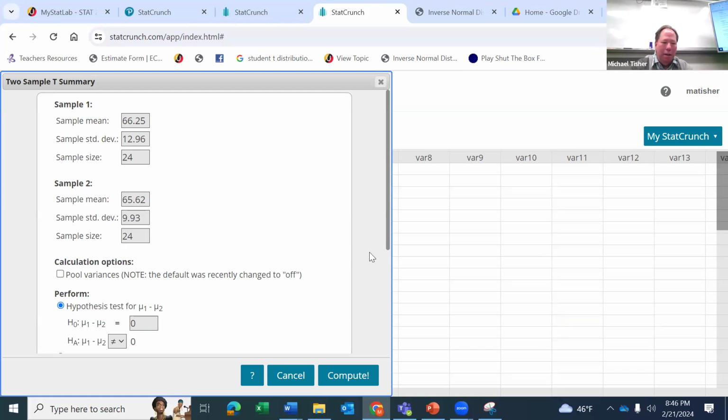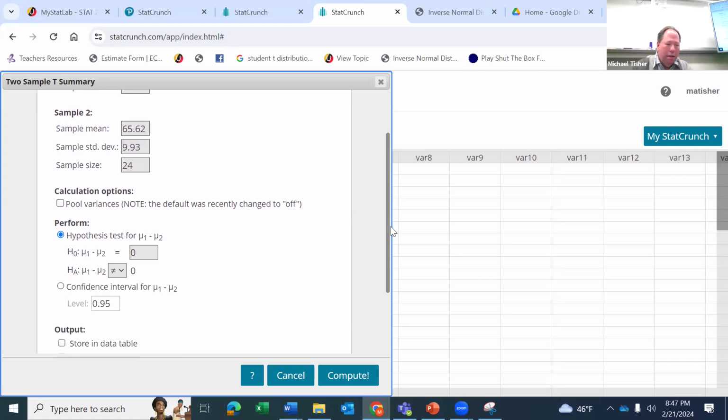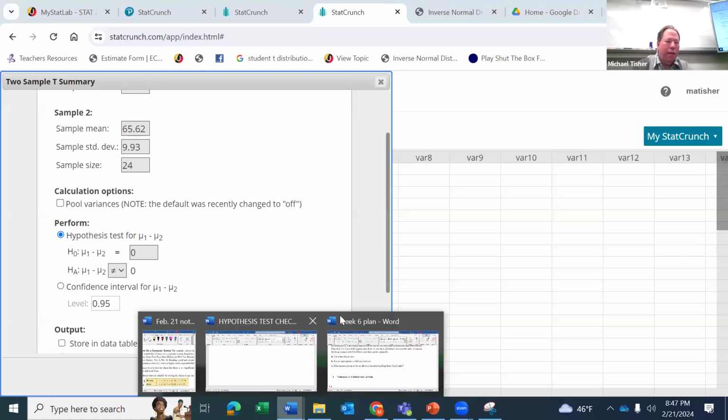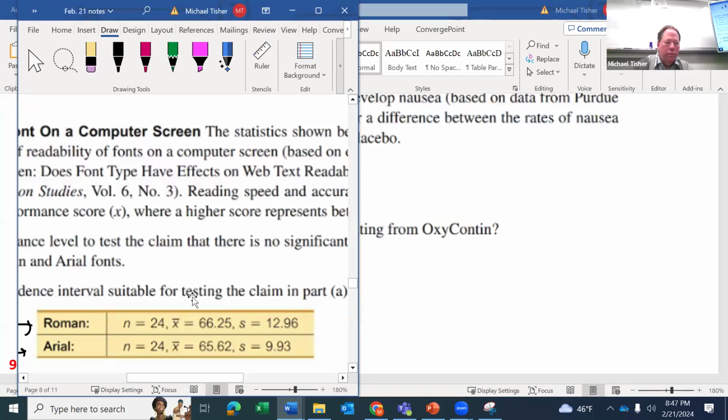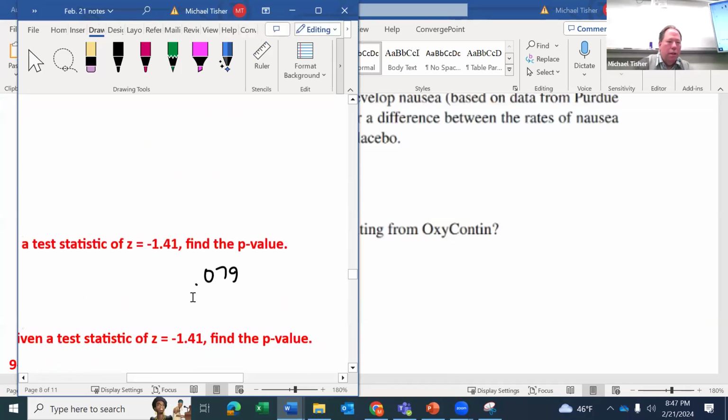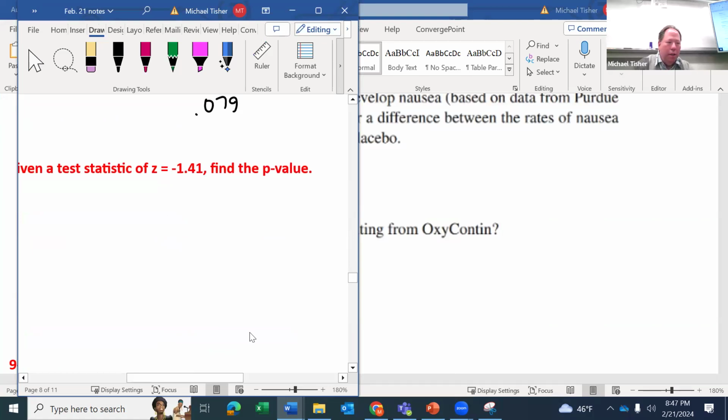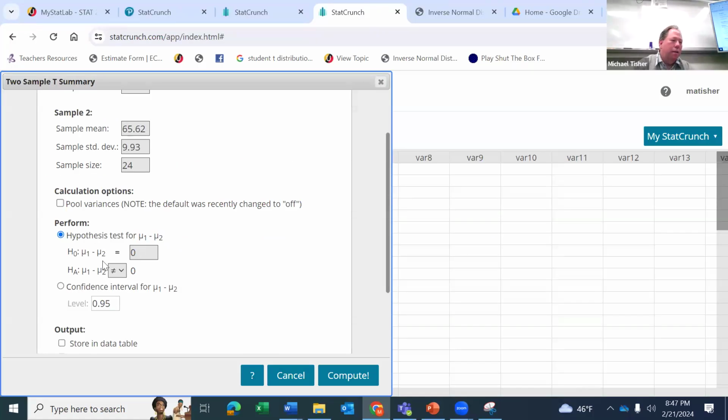Okay. And then well, we got to put in the hypothesis test. Okay, now this is kind of weird here, but let me try to clear this up. Okay, in StatCrunch, they say mu1 minus mu2 equals 0 for some reason.